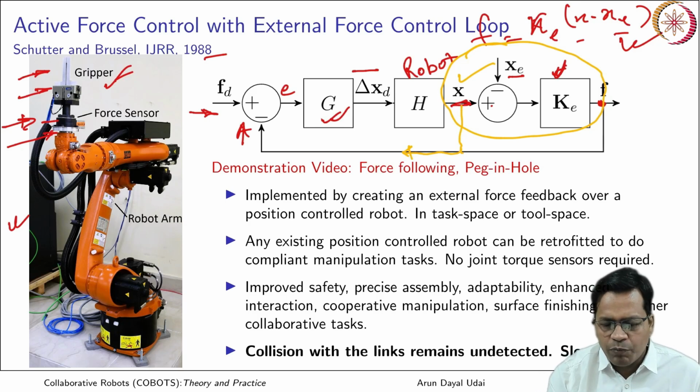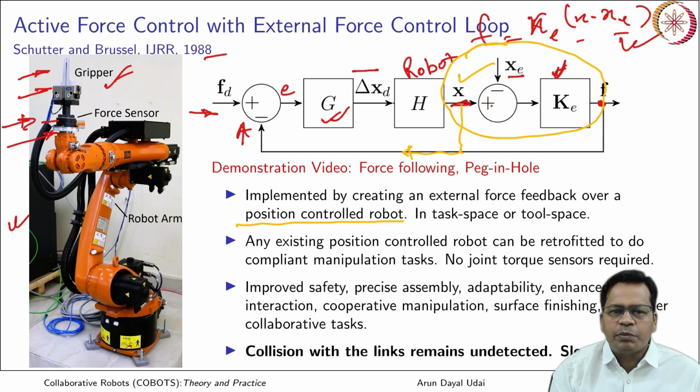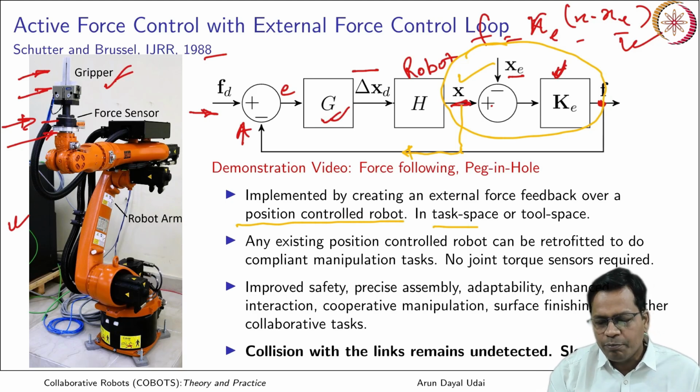This is implemented by creating an external force feedback over a position controlled robot in task space or in tool space. The tool has its own frame; in that frame it may be achieved, or in robot Cartesian space it can be achieved. Any existing position controlled robot can be retrofitted.